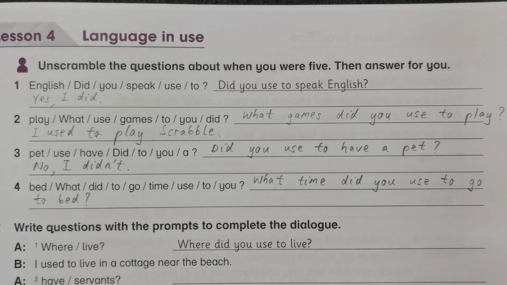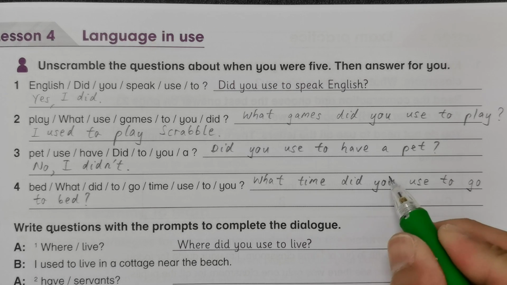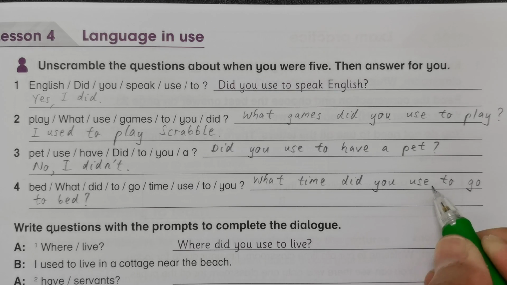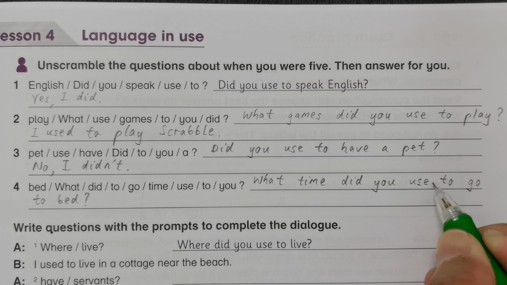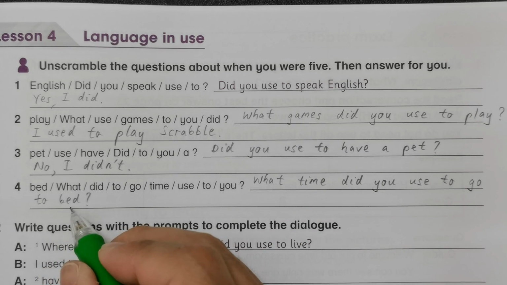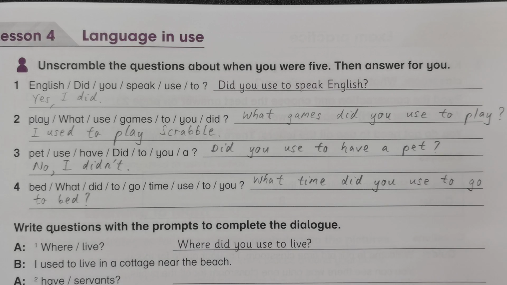And then your answer should be, so this pronoun will change to I. I used, so with a D here. I used to go to bed. So at what time?